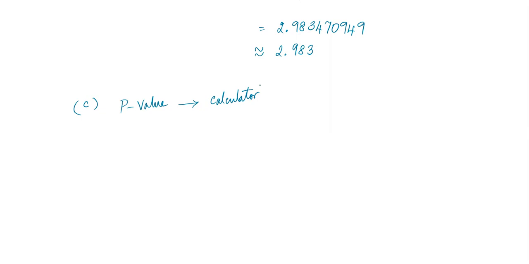Let's do that. So if you are using TI-84 plus, like I do, what we do is we go to the stat button. Then from there, go across to the calc tab, the tests tab.